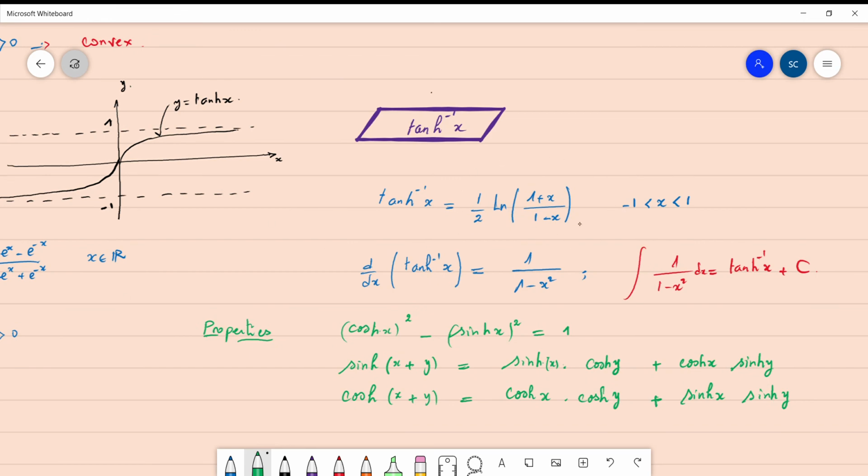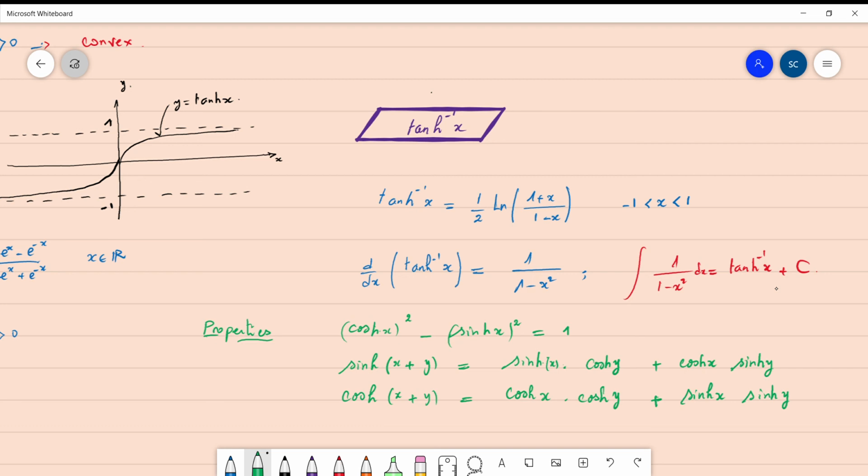You don't have to memorize all these formulas, you can always refer to a book or sheet to use the formula you need. In particular, the derivative is 1 over 1 minus x squared, and so we also have a new antiderivative. The derivative of this function is the tangent hyperbolic minus the reciprocal tangent hyperbolic.